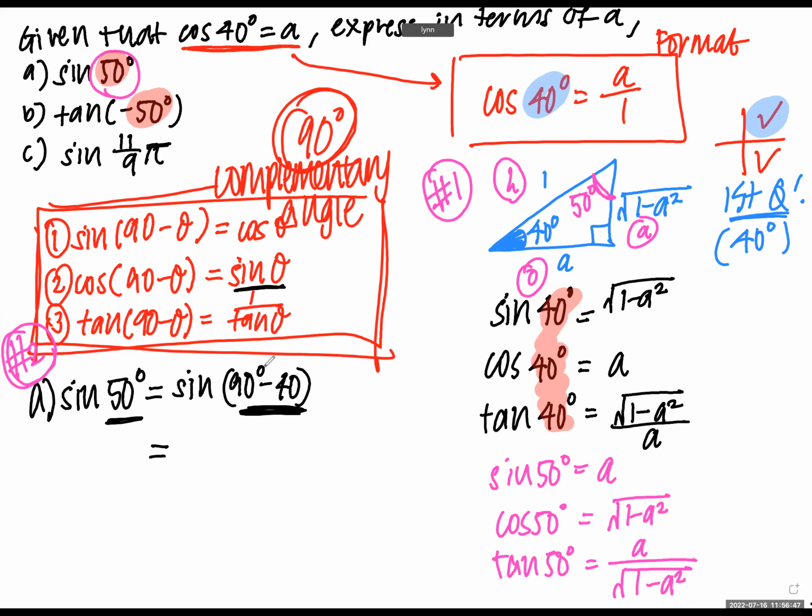And 90 minus 40, how do we apply this formula already? What do you notice? It's the same as cos 40. And do we have cos 40? Yes. So can you see this and this is the same, which makes sense. Make sense now? How everything comes into place? So now you know why the formula is stated as it is. Now you can copy everything that you see on the screen.